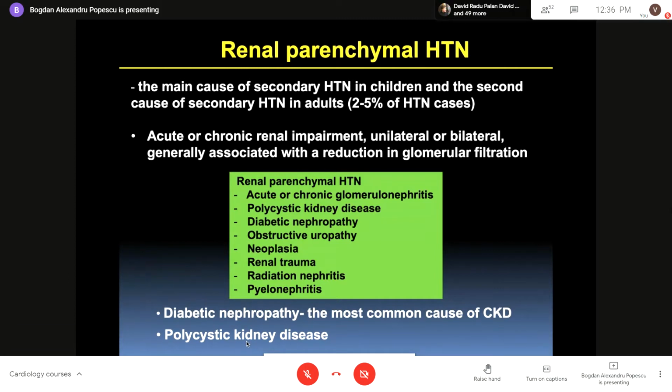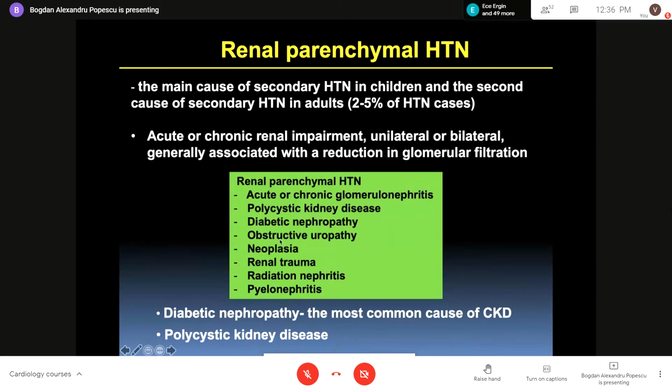First, renal parenchymal hypertension. This is the main cause of secondary hypertension in children, and the second cause of secondary hypertension in adults. It may be due to acute or chronic renal impairment that may be unilateral or bilateral, with reduced glomerular filtration.